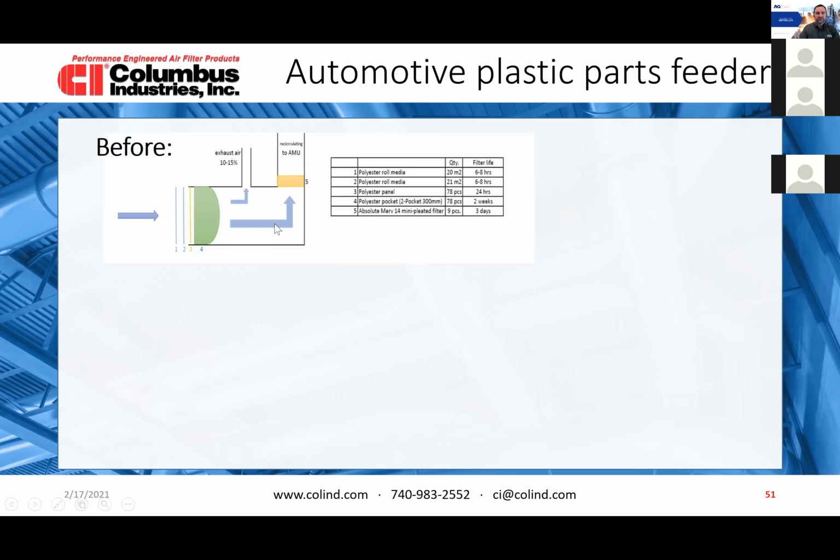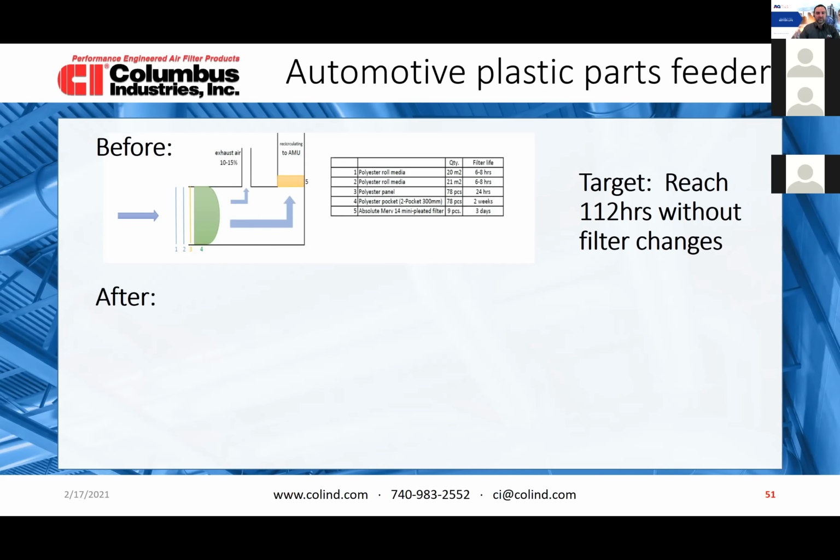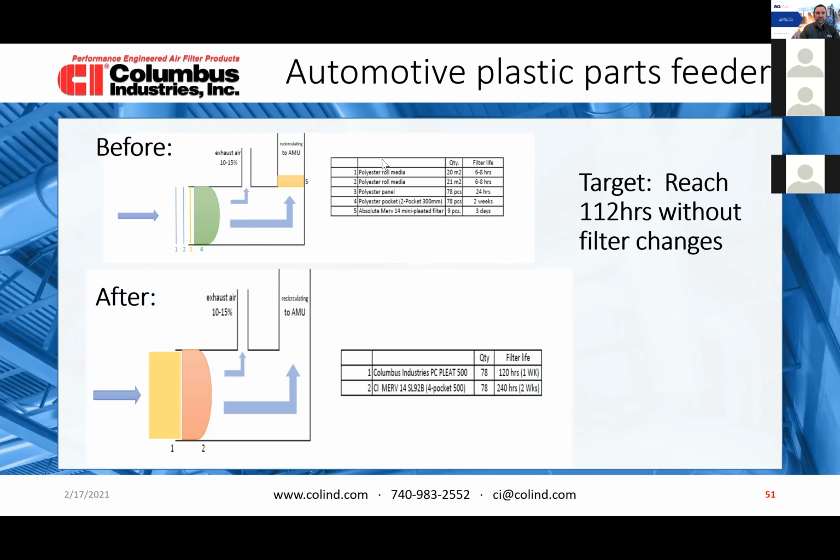Okay. Now, the one thing that I was also concerned about, and I'm glad we covered it, is that this part here had a lot of particles in it that went out to the environment, because it didn't go through this. The target was 112 hours. We reached 120 hours of the PC Pleat 500 HE and 240 hours, and 240 really because they changed it systematically after 2 weeks.